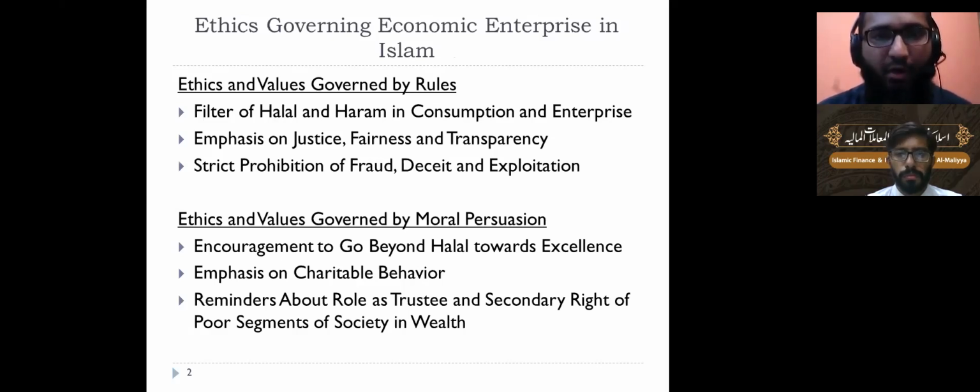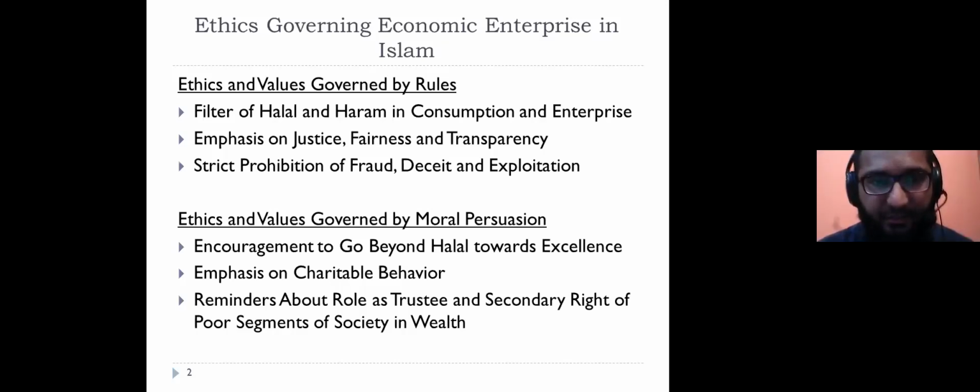It is all-encompassing, and its ethical and values-based system governs a lot of things, not just the different types of commodities. So the emphasis is on justice, fairness, and transparency as well. After that, it is also emphasized that we have to avoid fraud, deceit, and exploitation in economic exchange.